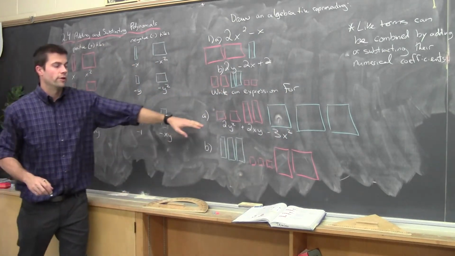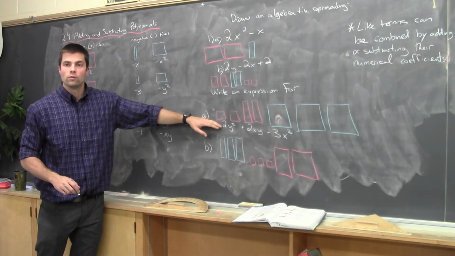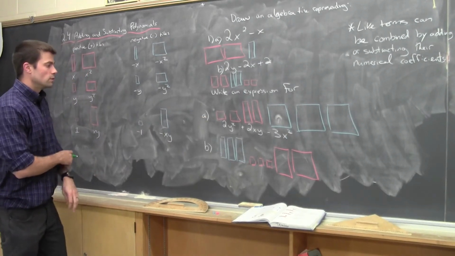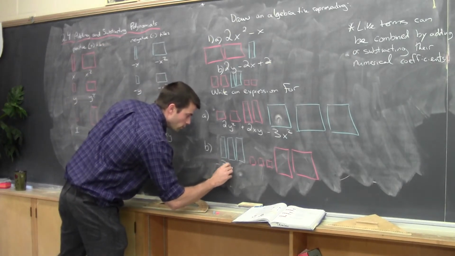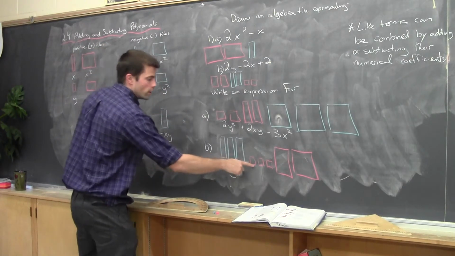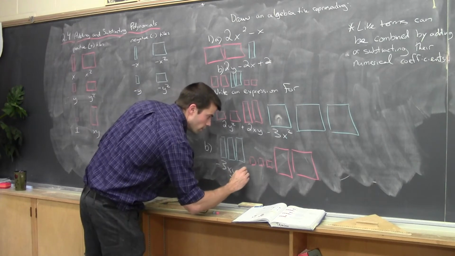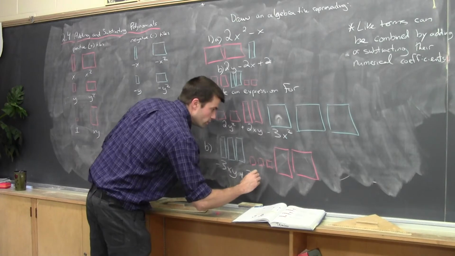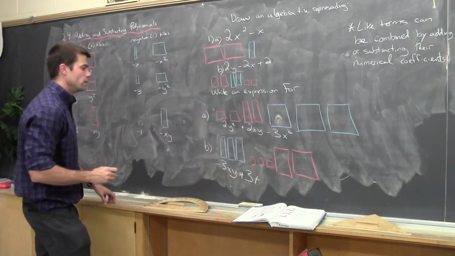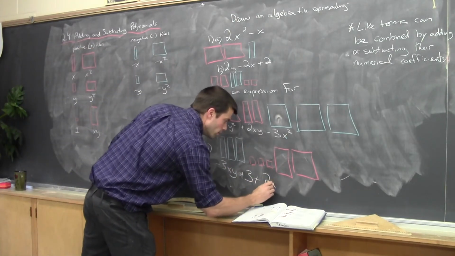All right, so that would be your expression for those tiles. Similarly, here we have negative xy, so we have negative 3xy. We have a positive, just the integer 3, and finally on the end, positive, and that would be 2x squared.